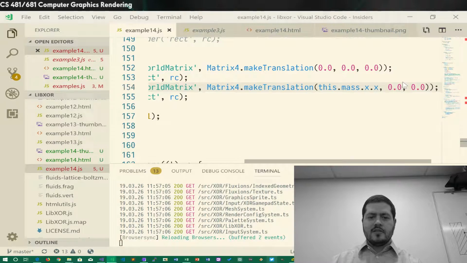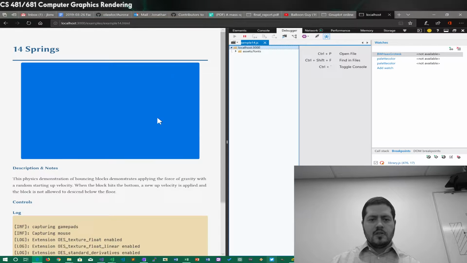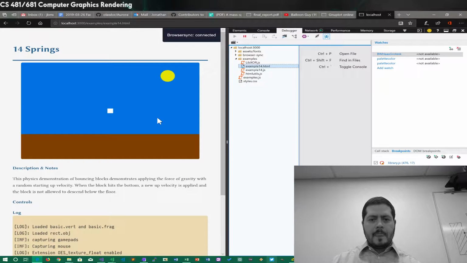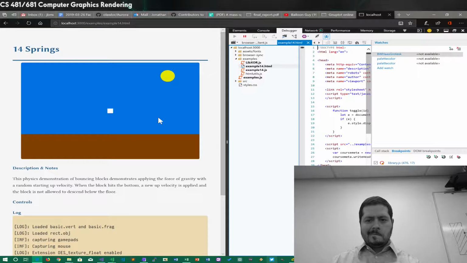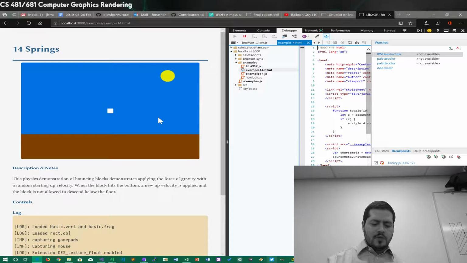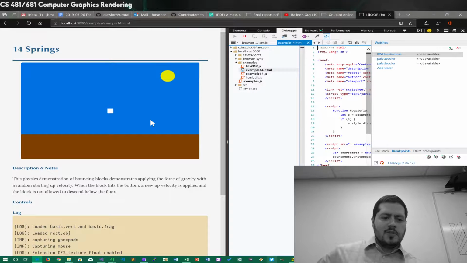So basically always passing 0. There we go. So this is what happens. So we throw it in there and it just slowly does its thing. Okay.